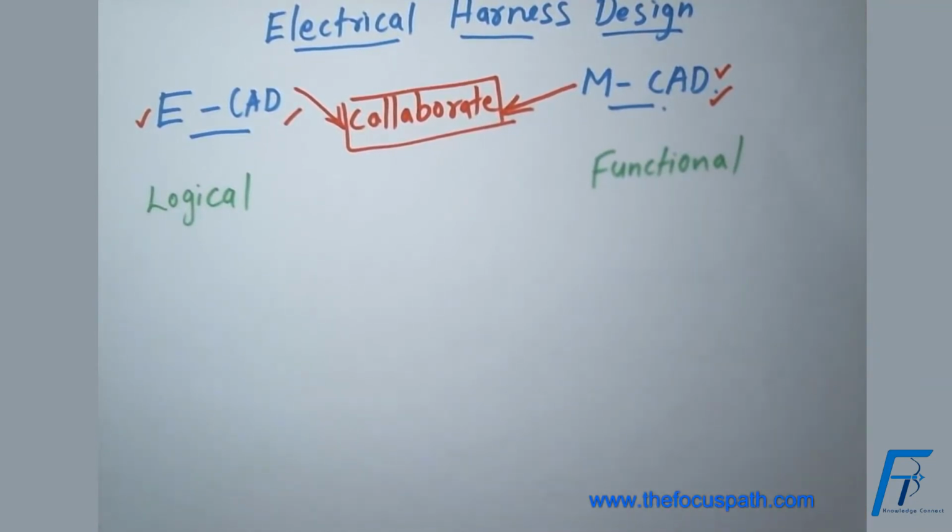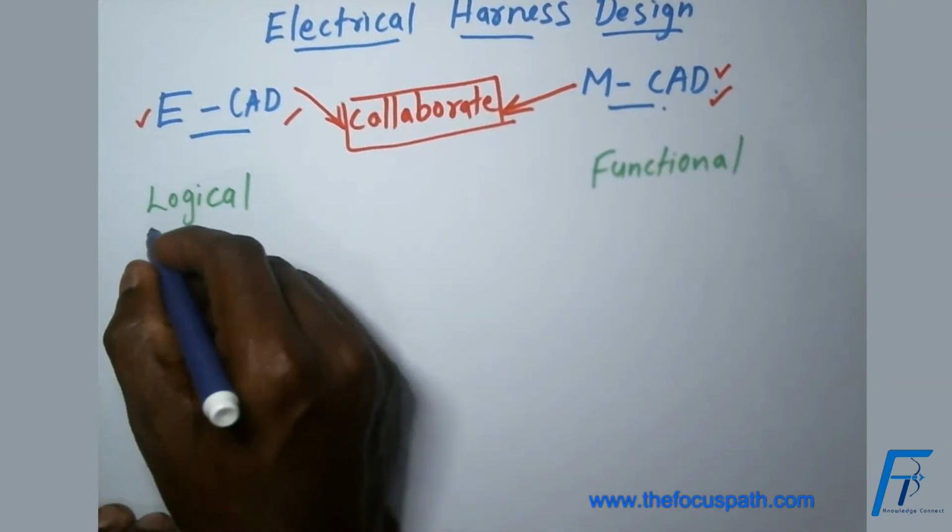This is a very important factor which you need to consider while designing electrical harness. Now, let us deep dive into what we do in logical and what we do in functional.